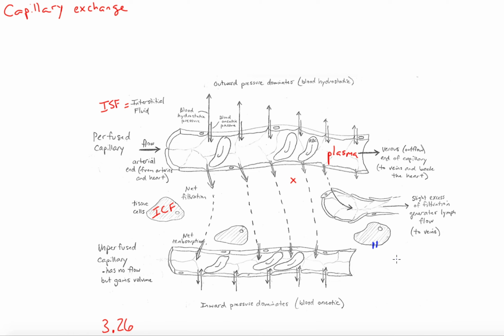But fluid movement is dominated by what I've drawn here, right? Which is an aquaporin. And so fluid exchange between the ICF and the ISF, between inside and outside the cell, occurs through the aquaporins, and it occurs only in response to osmotic forces, right?